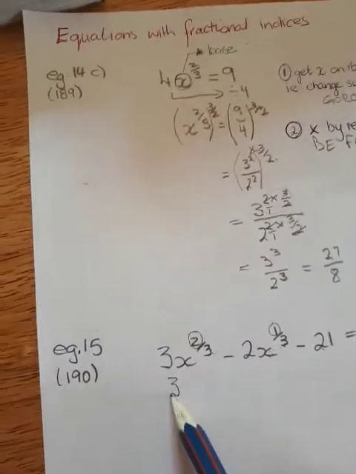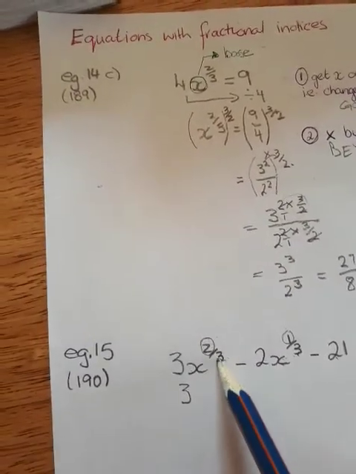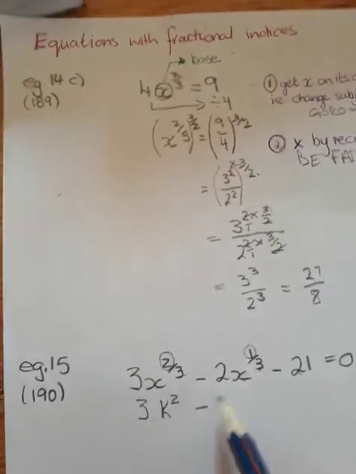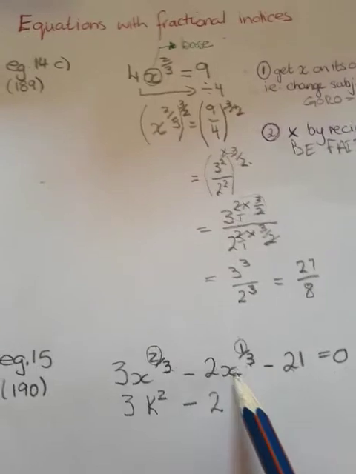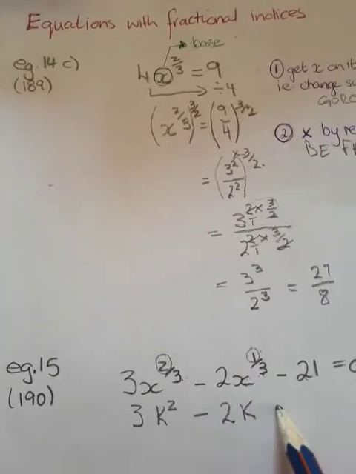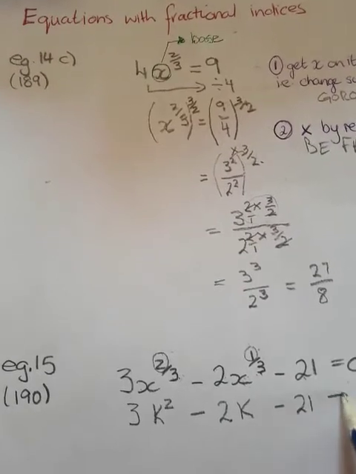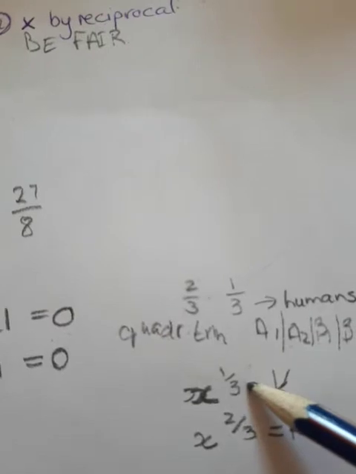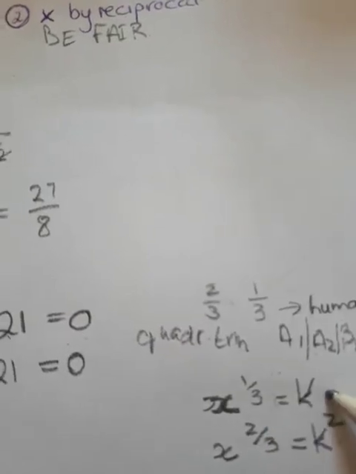So we're going to rewrite this as 3. Now remember, x to the power of 2/3 we made k squared, and then minus 2, and x to the power of 1/3 we made k, minus 21 equals 0. So we assume that x to the power of 1/3 is k.